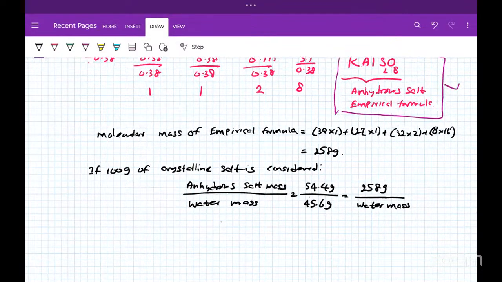So therefore water mass should be equal to 45.6 divided by 54.4 into 258 grams.